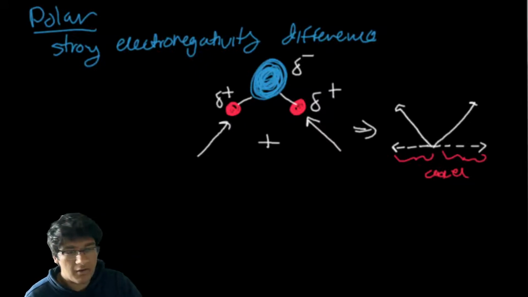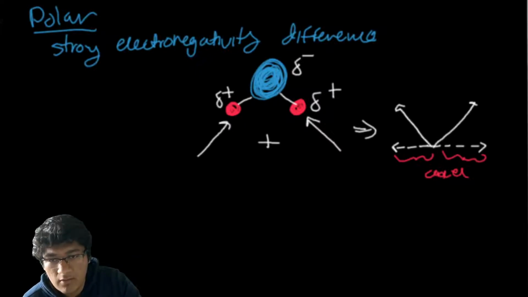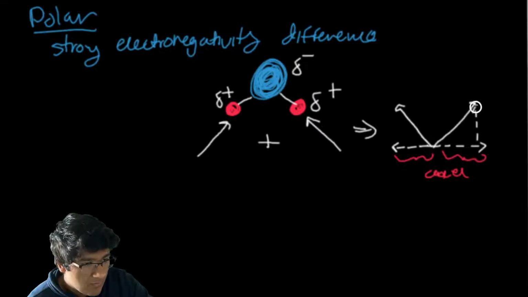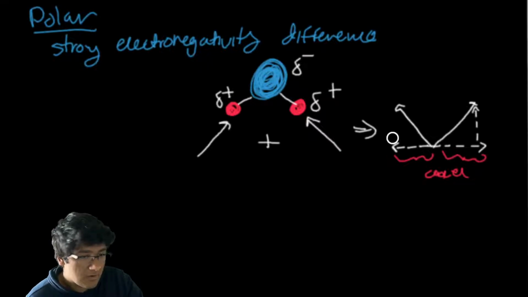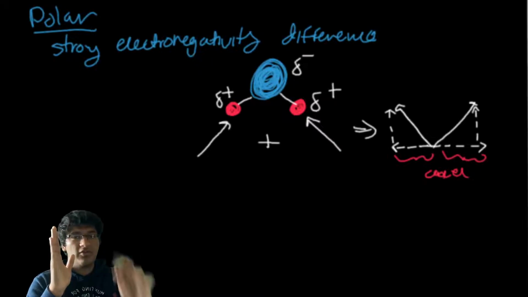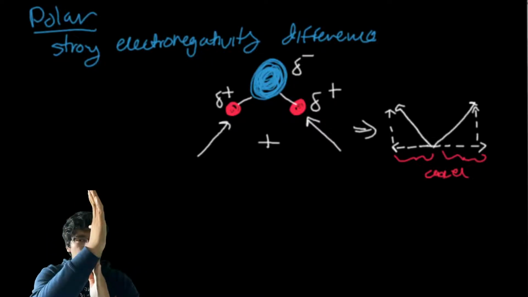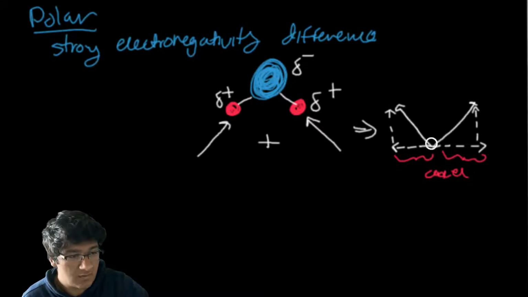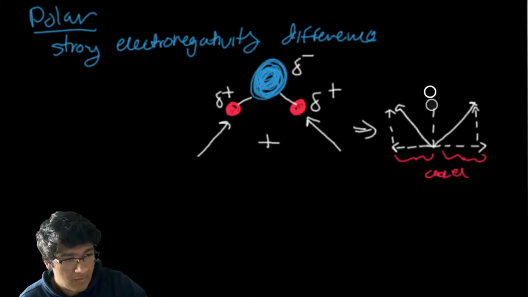However, let's see what happens with the vertical forces. This one is going up in the y direction, and this one is also going up in the y direction, which means that if both are going in the same direction, they combine. So there's twice as much of a vertical force over here.